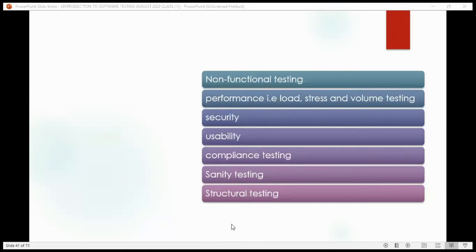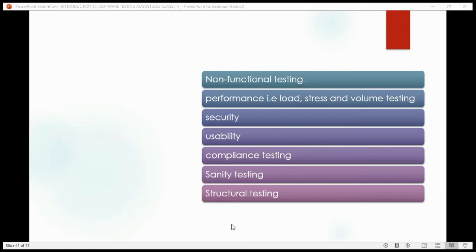Correct. Functional, smoke, good. Functional, yes. Smoke testing, fantastic. Functional testing. Yeah, unit testing. That's test levels. Yeah, regression testing, fantastic.